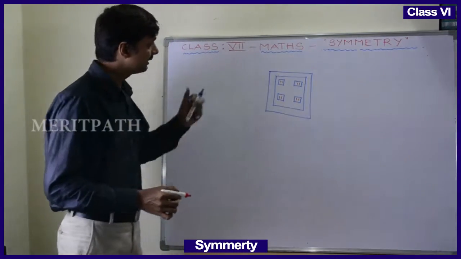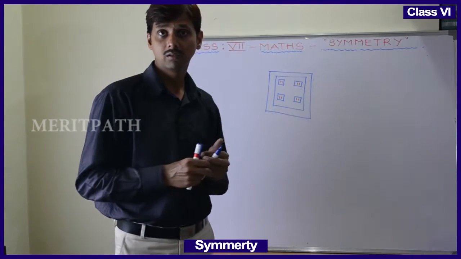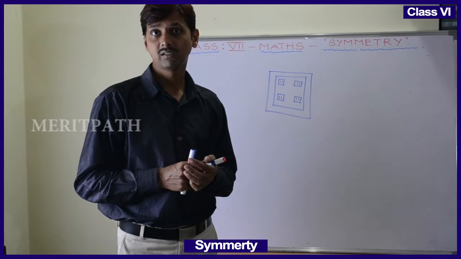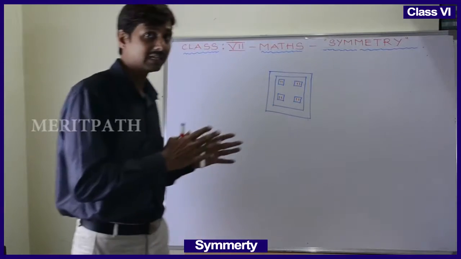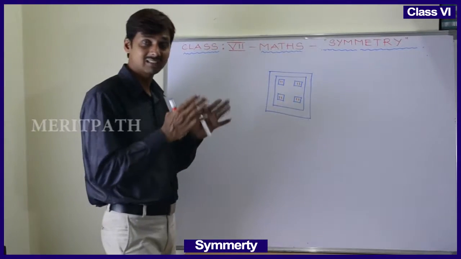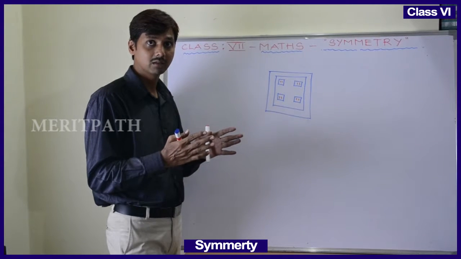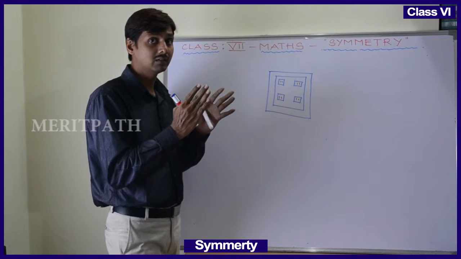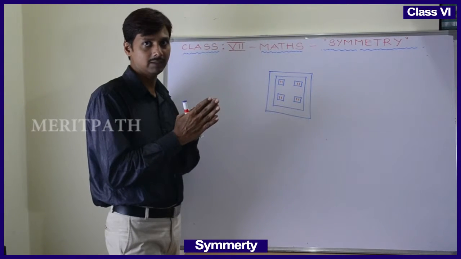So let's see here. If you take any figure, it is divided into some parts, that is, two parts. We divide this figure into two equal parts. Then we fold this figure along a line, and the two parts coincide with each other.